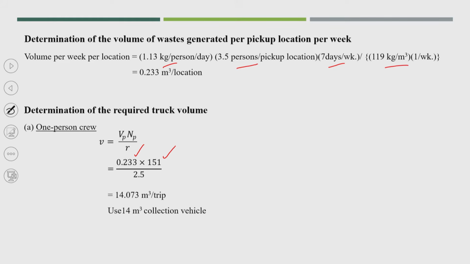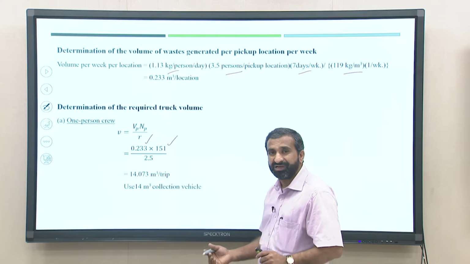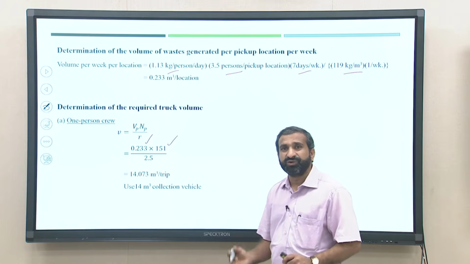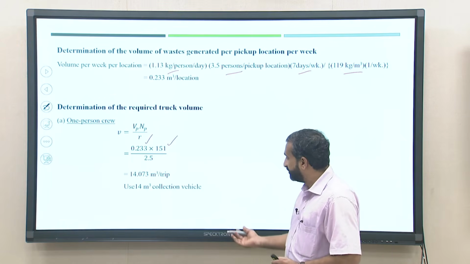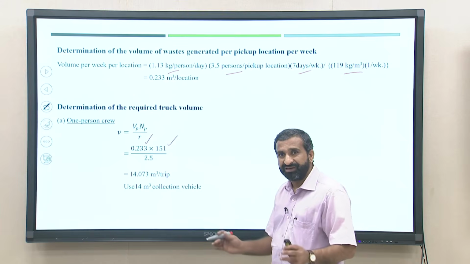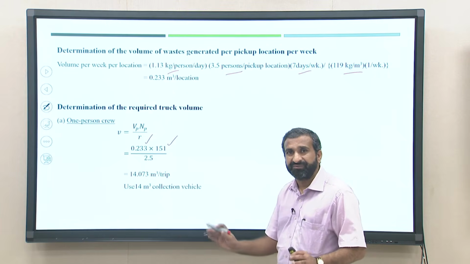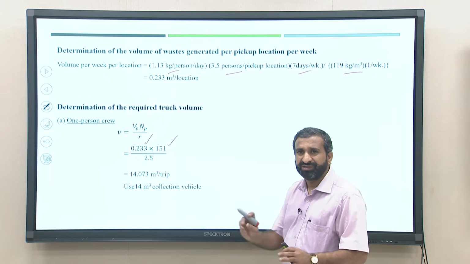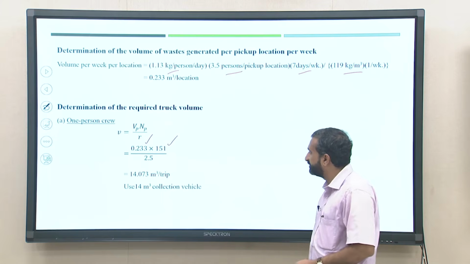That comes out to be around 14 cubic meters for the collection vehicle. A simple dumper vehicle will have a size of almost 18 to 20 cubic meters, so one simple dumper vehicle of 18 to 20 cubic meters is feasible for this collection system.